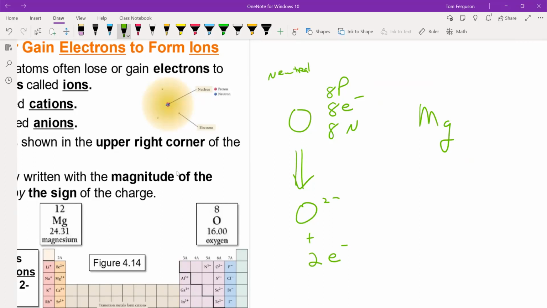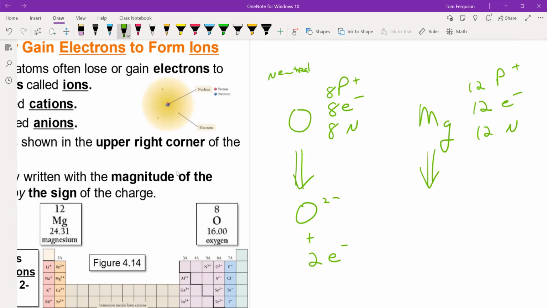Okay, magnesium. So neutral magnesium has 12 protons, 12 electrons, and 12 neutrons. Okay.